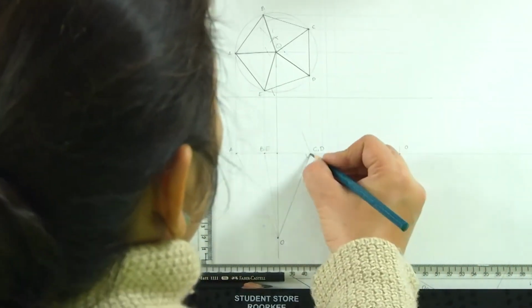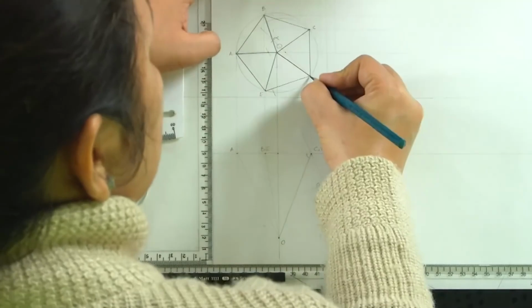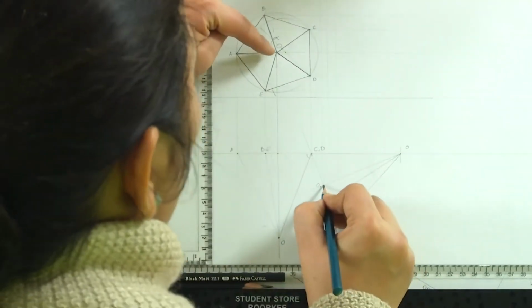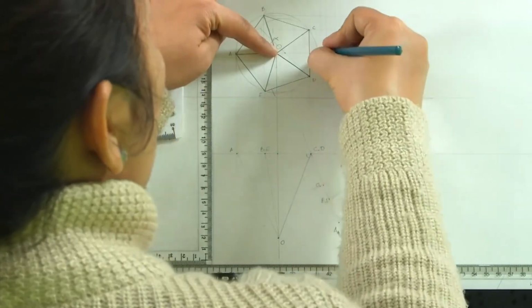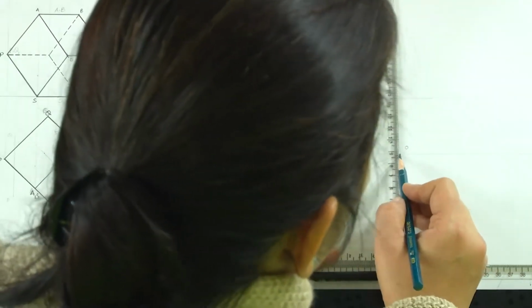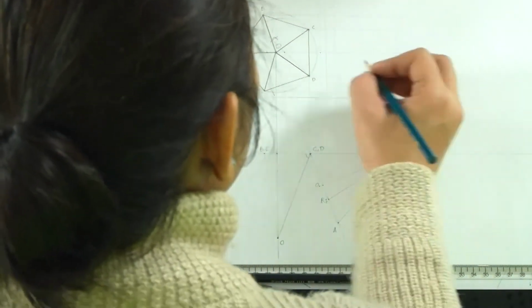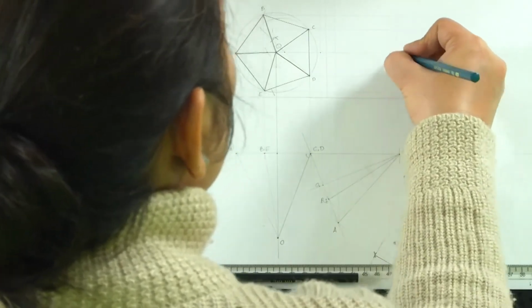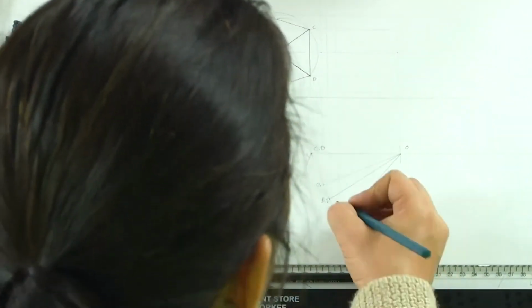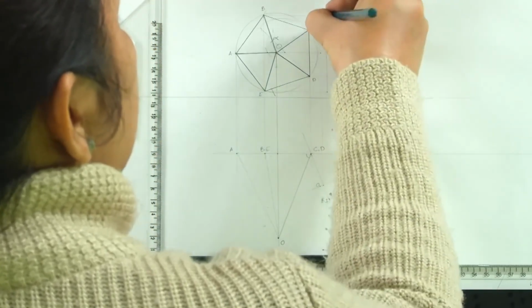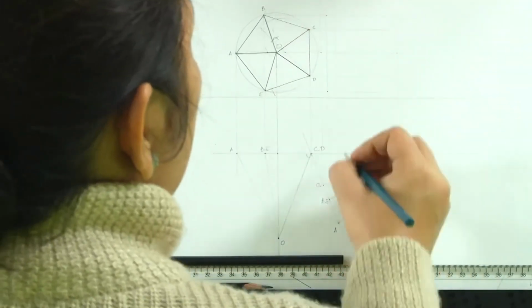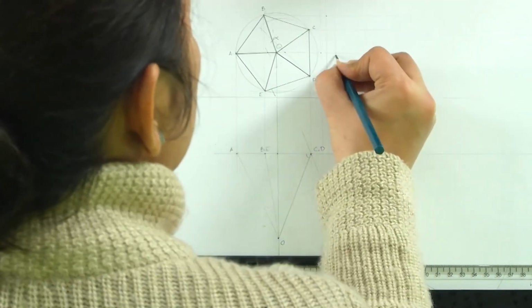So we have the C and D, which remain the same. We have this O1 beneath it. So what we get here is this O1. We will get this apex O here. We have B and E, so we get E and B here, and we get an A here.